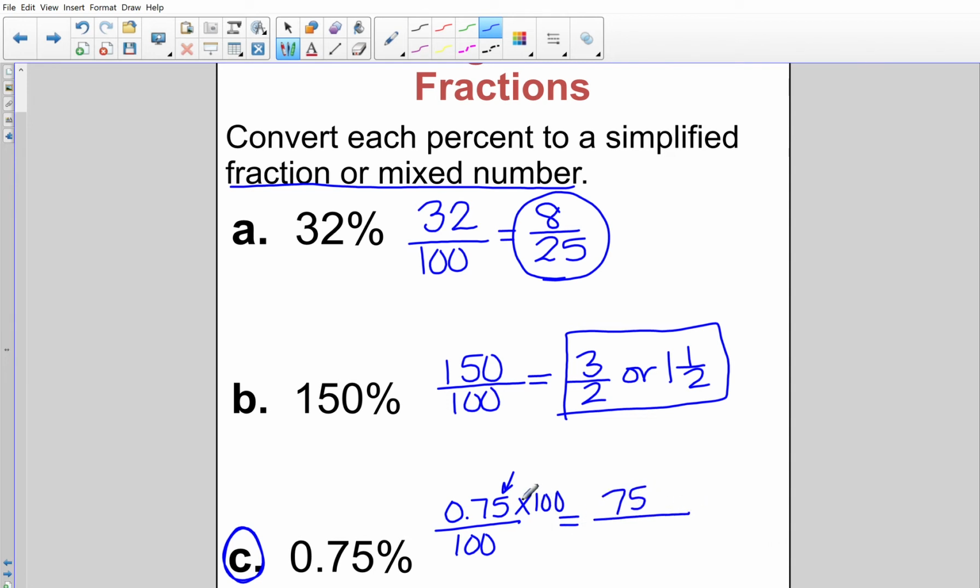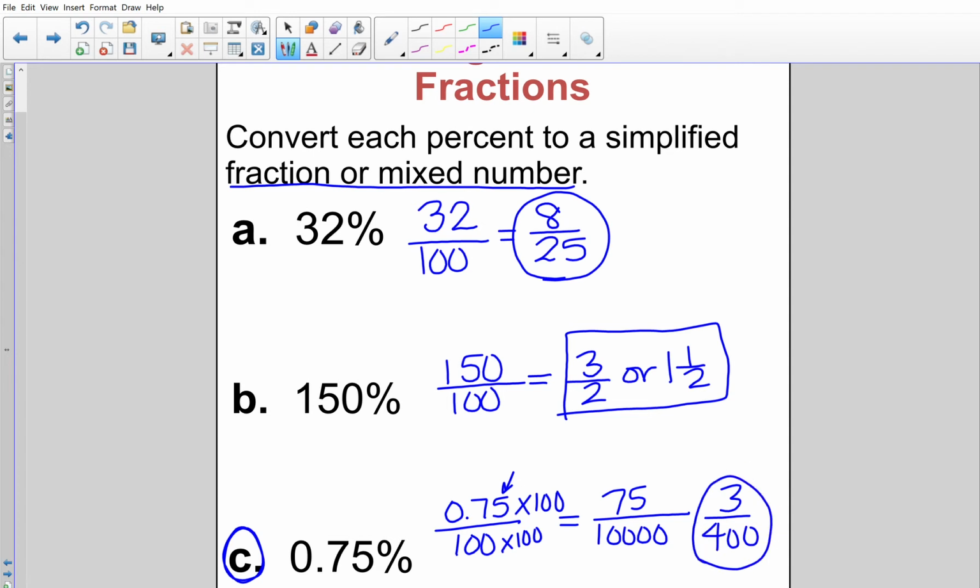Whatever I do to the top I need to do to the bottom. So I still have to multiply the bottom by 100 as well. And at this point, now I'm able to reduce it. So 75 over 10,000 is going to reduce down to just 3 over 400. So again, this one may be one that you actually want to mark and look at or put into your notes.